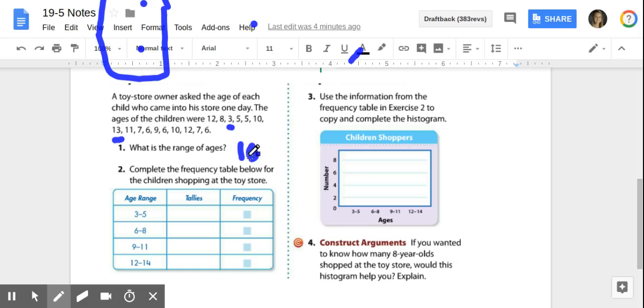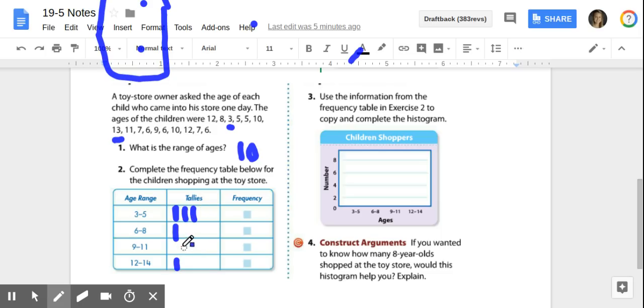All right, and then this is a frequency table. You're going to tally up each kid who's listed between the ages of 3 and 5, and then 6 to 8, 9 to 11, 12 to 14. So I'm just going to go in the order that they're listed. We've got a 12, and then 8, and then a 3, and 2 5s, and I'm going to run out of space because this marker's too wide.